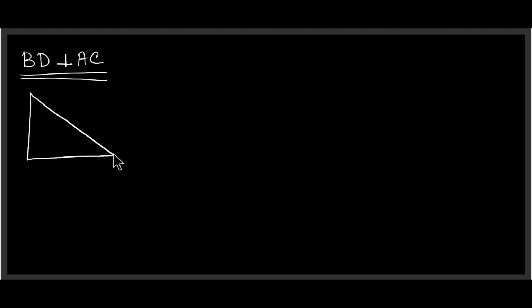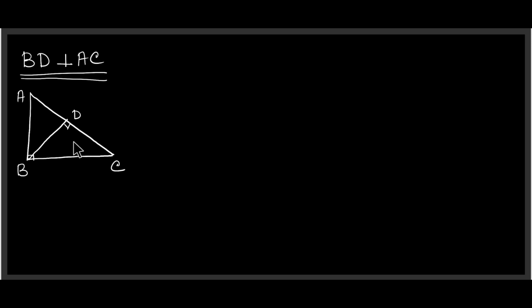In this question, given that ABC is a right-angled triangle and BD is perpendicular to AC, so clearly this indicates that angle ABC is the right angle. So AC must be the hypotenuse and BD is perpendicular to AC.